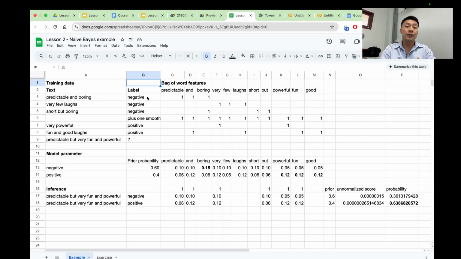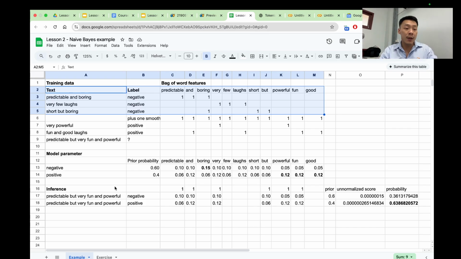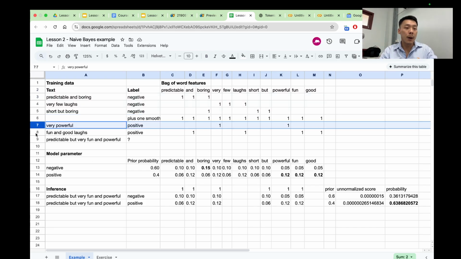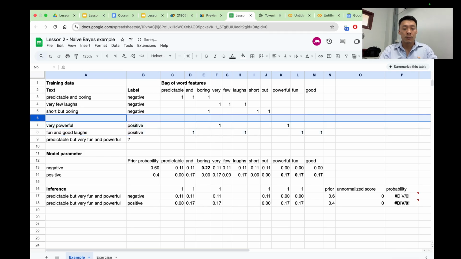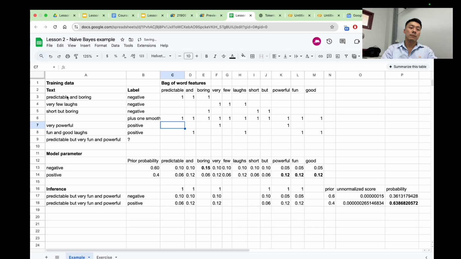Okay, so first this is your training data. You have 3 negative labels and you have 2 positive labels. So suppose you have 1, 2, 3, 4, 5. You've got 5.